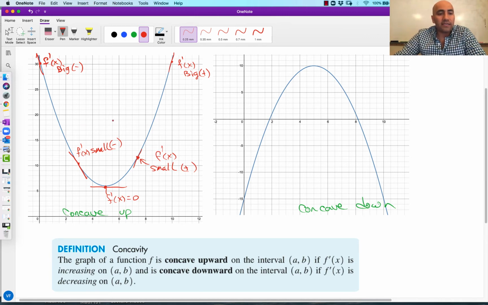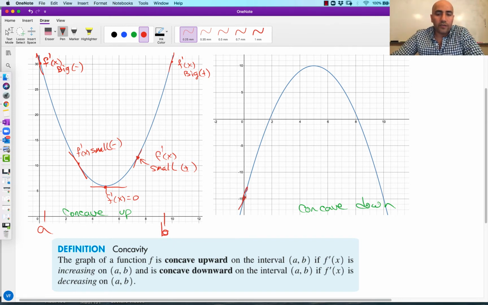So this is the case where the first derivative is increasing. That's what this is saying. The graph of a function f is concave upward on the interval from a to b. So let's say this is some arbitrary interval from a to b. A graph is concave up if the first derivative is increasing on that interval.